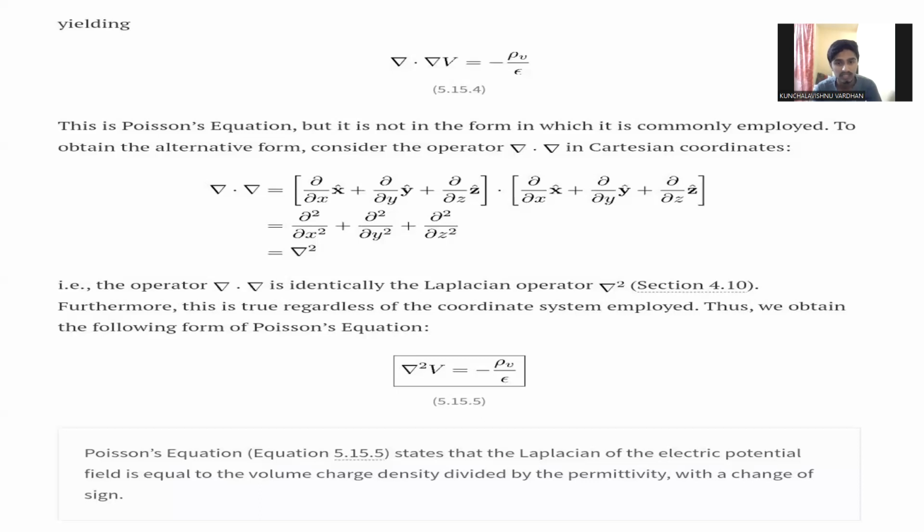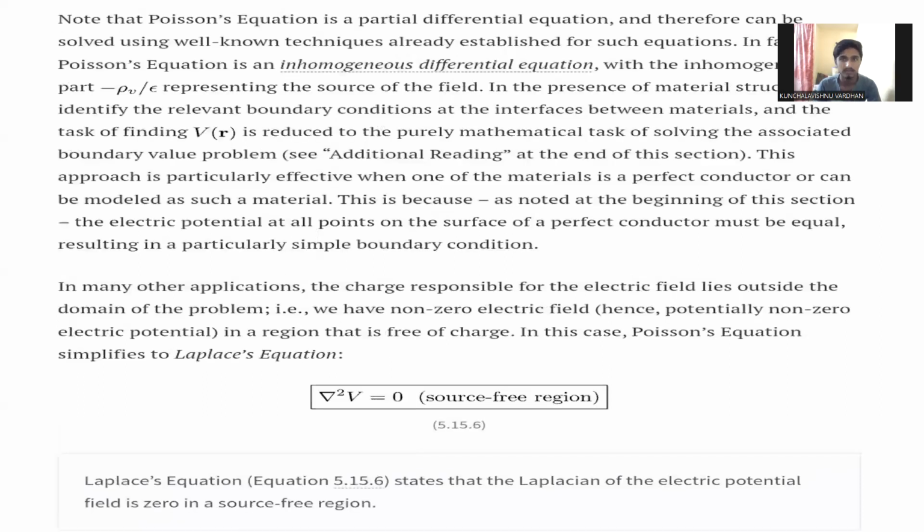Poisson's equation states that the Laplacian of the electric potential field is equal to the volume charge density divided by the permittivity, with a change of sign. Note that Poisson's equation is a partial differential equation and therefore can be solved using well-known techniques already established for such equations.